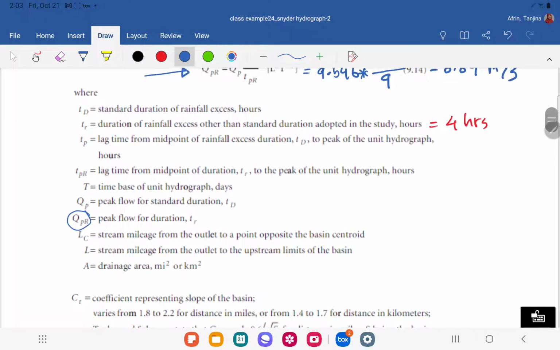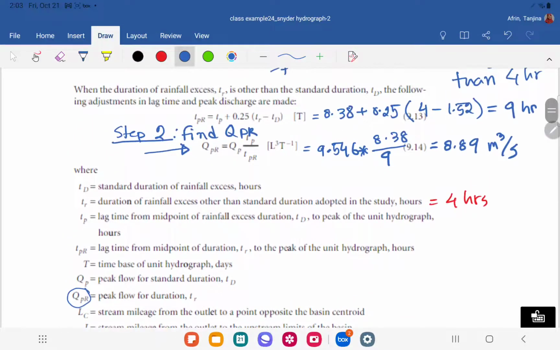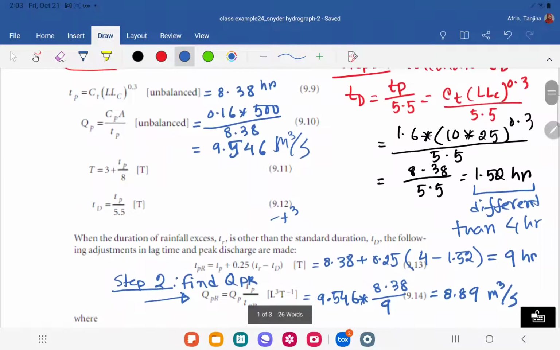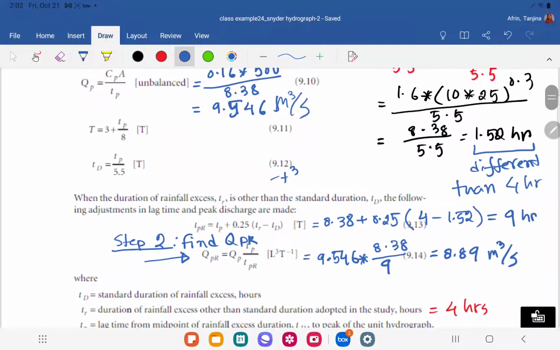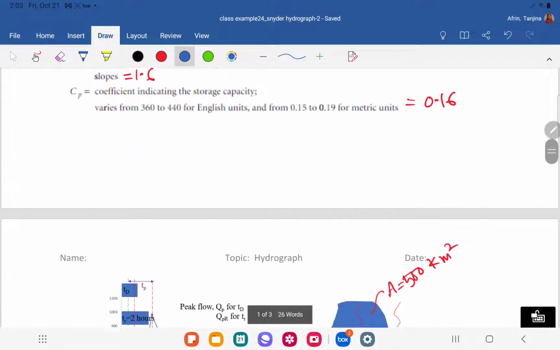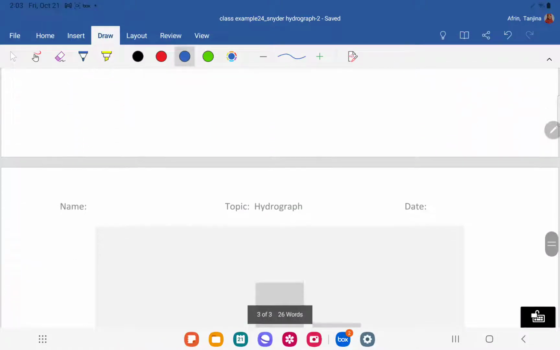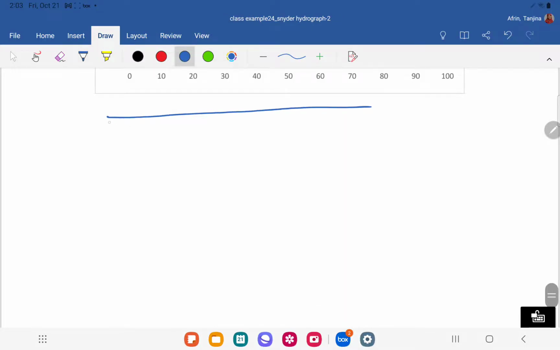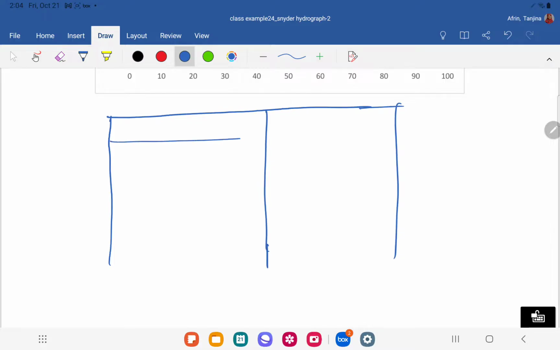Okay, so my next step is, my plan is we need to find out the coordinates of this hydrograph, right? So I will draw a table at the very end just to list all the coordinates.